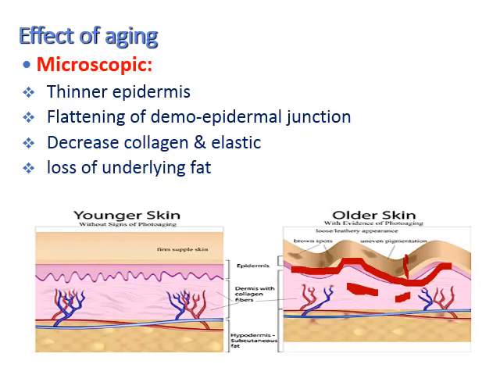Therefore, a lot of women try to use anti-aging cream which may contain collagen and elastic fibers, aiming to retard or to delay the process of aging on their skin.